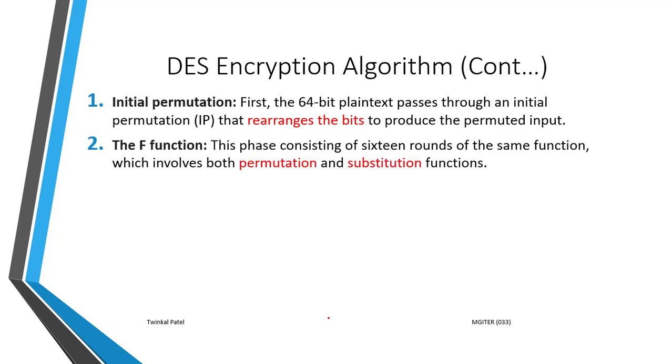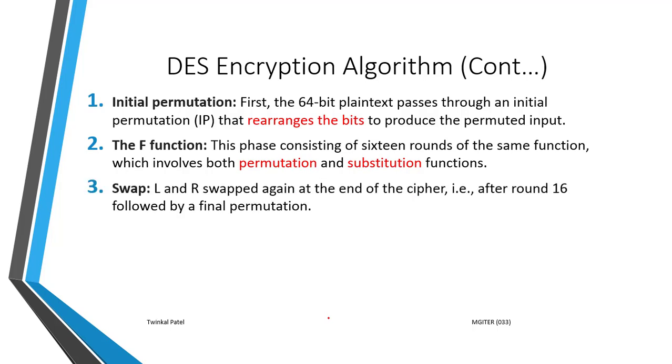Next is the function. After applying the initial permutation, we give the output of the initial permutation to the round function. So round 1 to round 16, and the operation which is performed in each round is known as the function f, which involves both permutation and substitution functions.